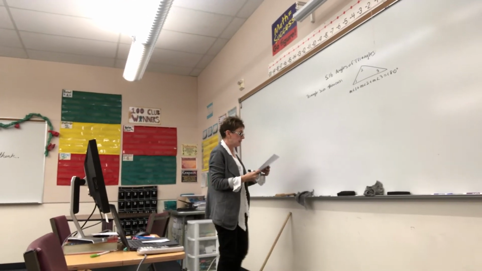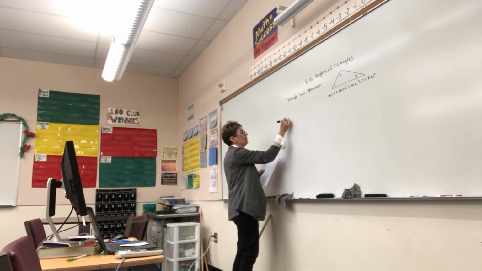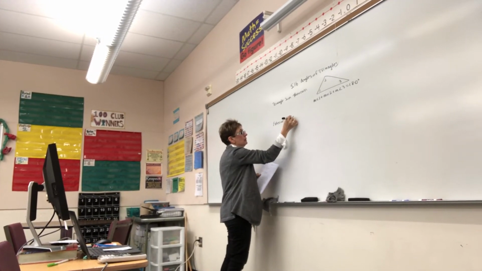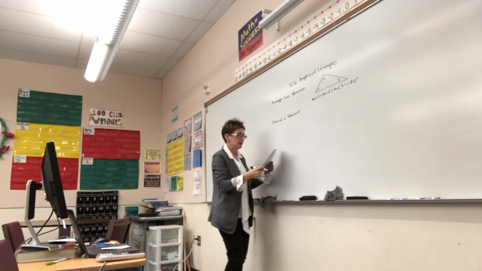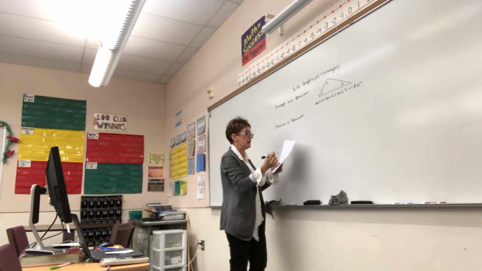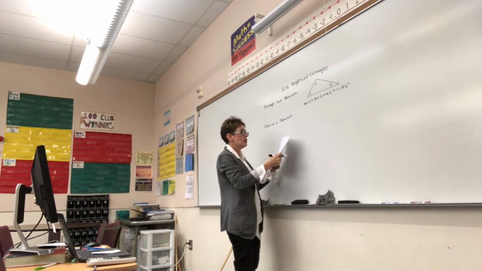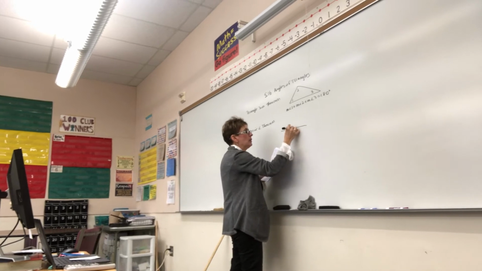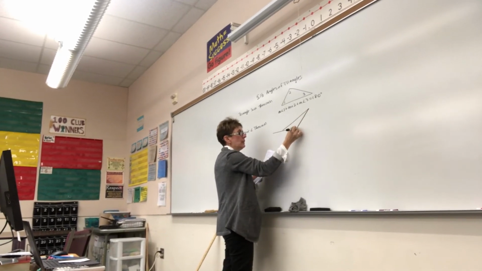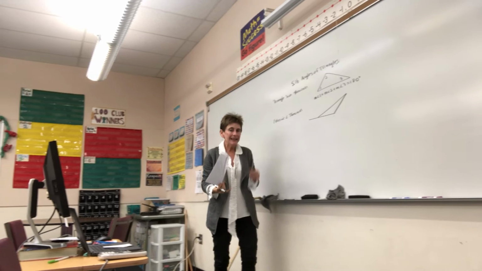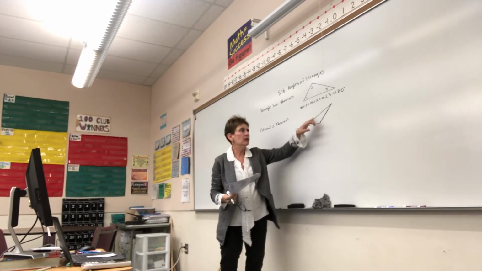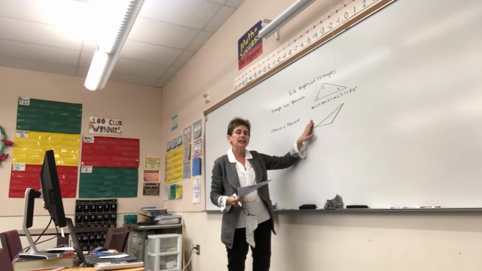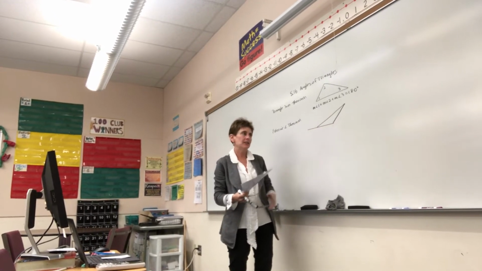The next one is called the exterior angle theorem. I think I'm going to have us draw a picture to go with that first. I think it might make it easier to understand. So let's go ahead and draw a triangle, but what I want to do is show you that each triangle has what's called an exterior angle. The angles on the inside of a triangle are called the interior angles, and every interior angle has a corresponding exterior one.